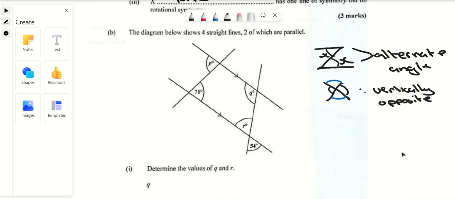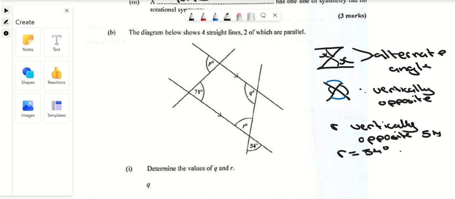So if we look at what they gave us, we can clearly see that this angle here and this one here, 54, are vertically opposite each other. So therefore, because R is vertically opposite 54, R is equal to 54 degrees.